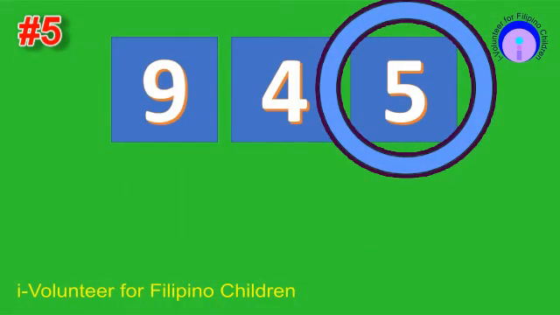Item number 5. What is the place value of this digit? Digit 5 is in the ones place.